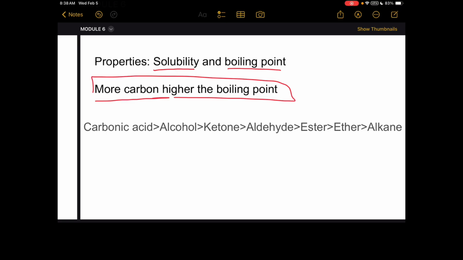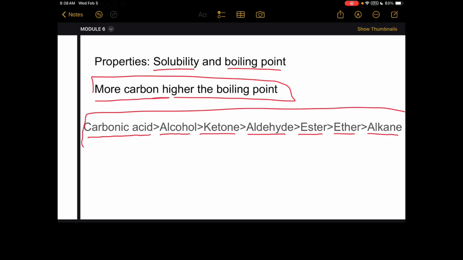Carboxylic acid has the highest, followed by the alcohol, then ketone, then aldehyde, ester, ether, and alkane comes last. This chart you should know. In the next class, we're going to add a couple more and I'll give you a more complete list, but for now those are all the things that we learned. This is how it goes. Carboxylic acid has the highest, alkane has the lowest.